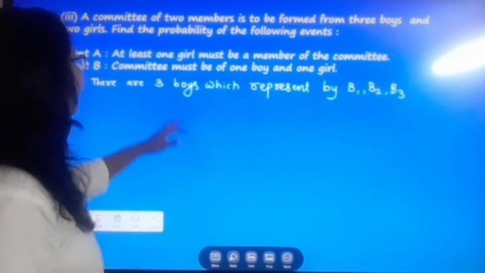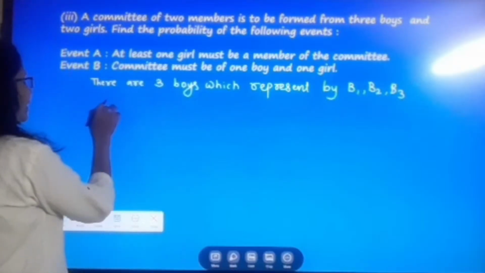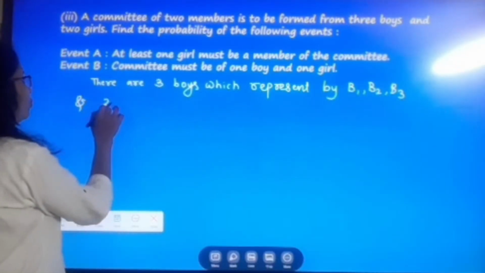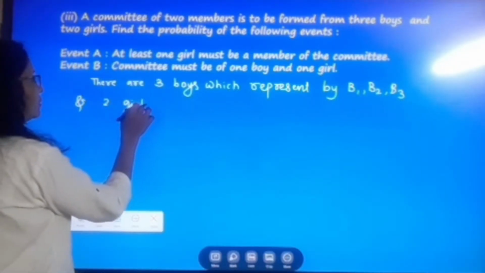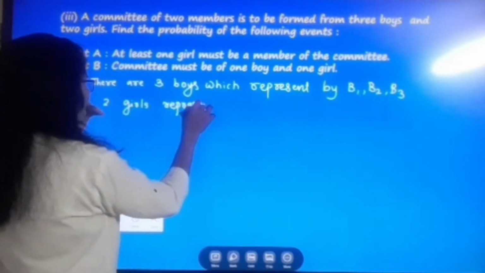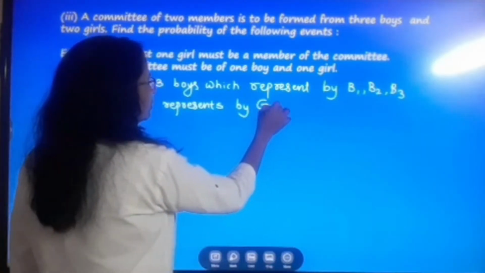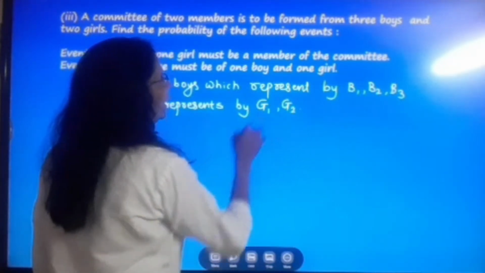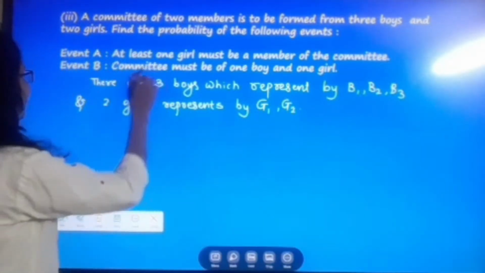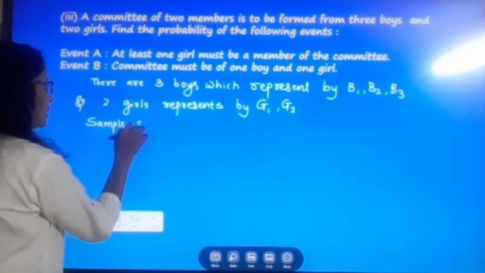And there are 2 girls, represented by G1, G2.